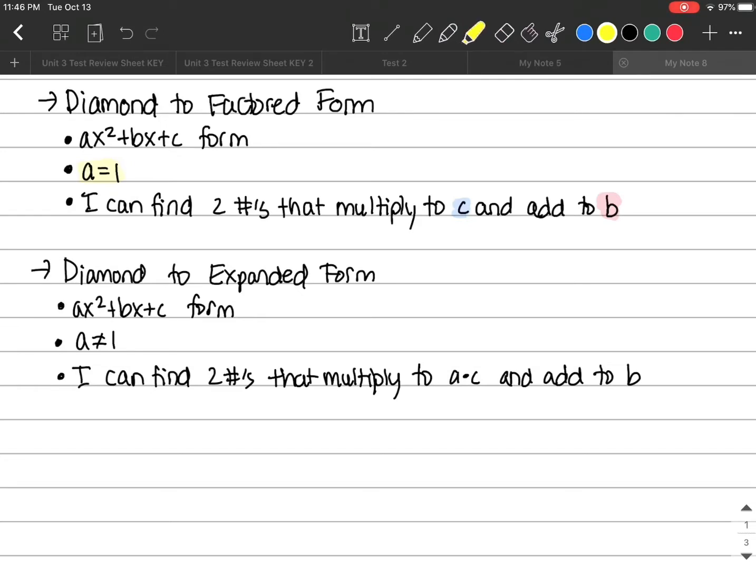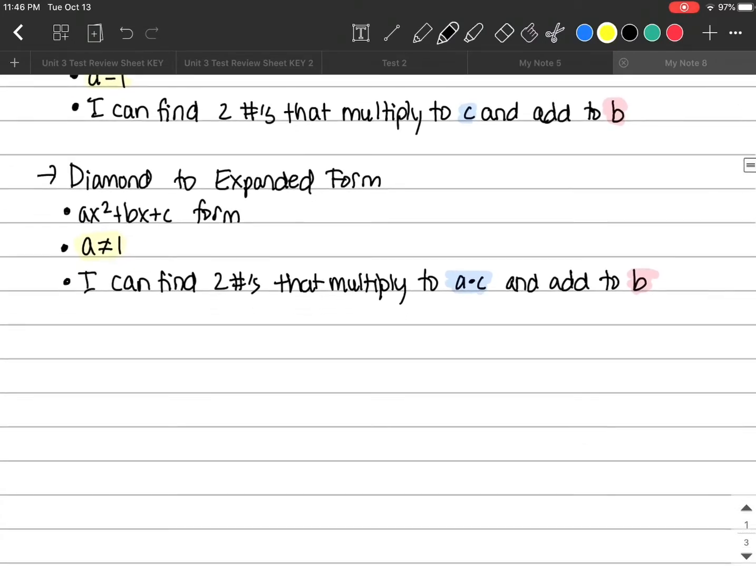So in this case, when a is not equal to 1, they multiply to a times c, and they add up to b. And the important thing to note here is that this is when the coefficient for x squared is not equal to 1.